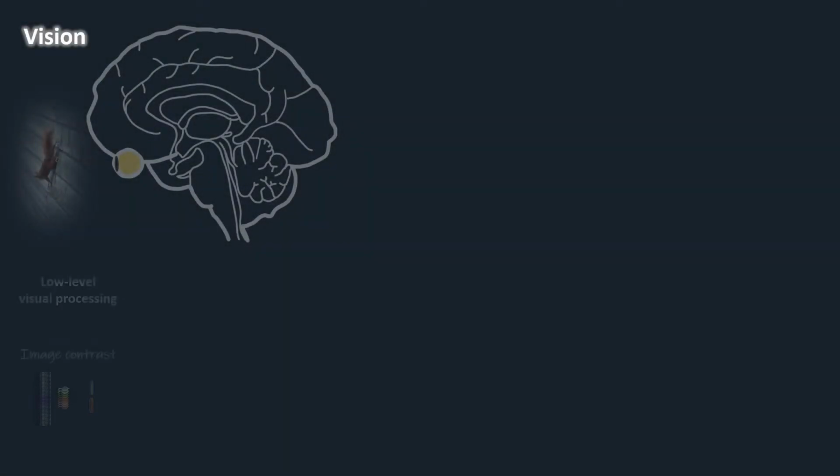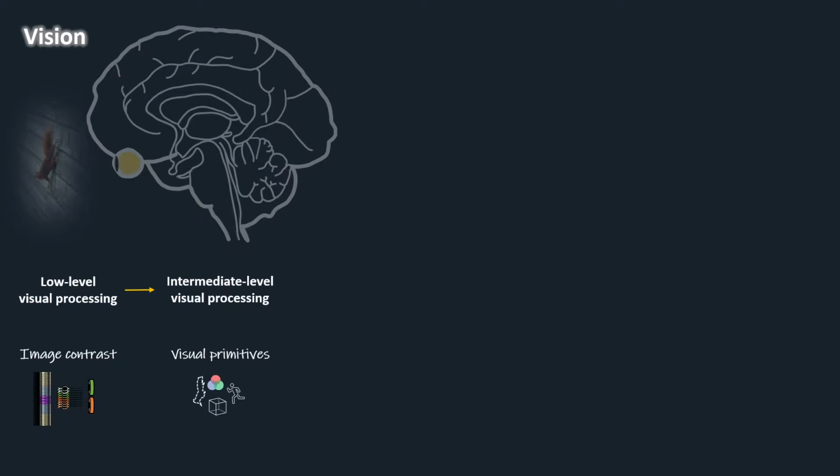So far in the vision videos, we discussed how visual images are constructed, beginning with the processing of intensity and contrast, then the integration of the visual primitives, and finally the high-level processing that leads to the recognition of objects. But the visual system involves more than just object recognition.